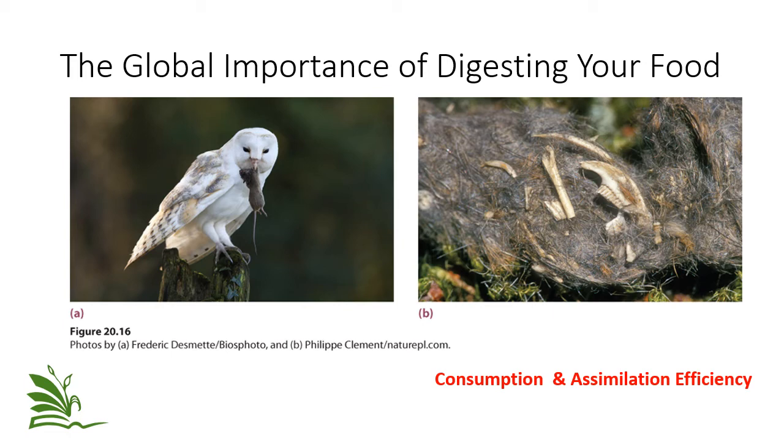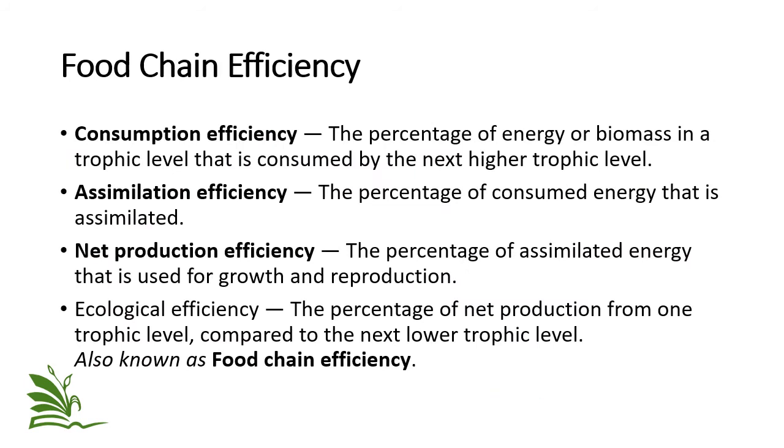So the efficiency of these trophic pyramids is limited by both consumption and assimilation efficiency. So these food chains are limited by their efficiency. And I want to recognize a few vocab words that I've been describing here.